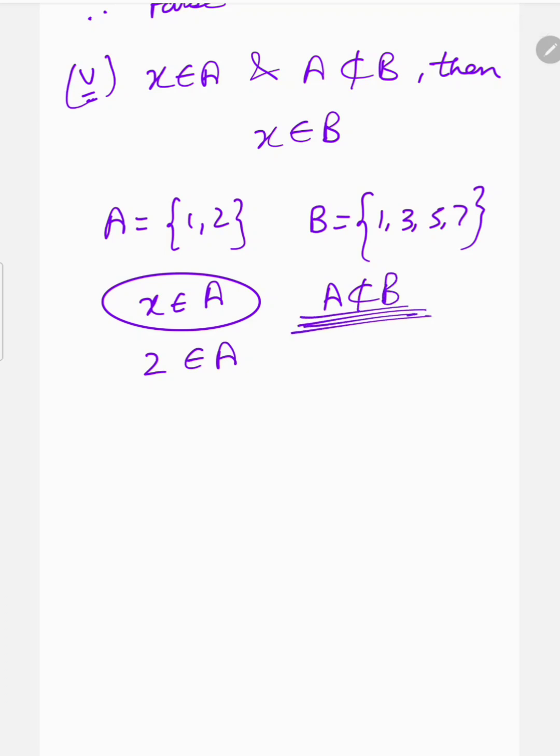According to the example, A is not a subset of B and 2 is an element of A. But 2 does not belong to B, right?